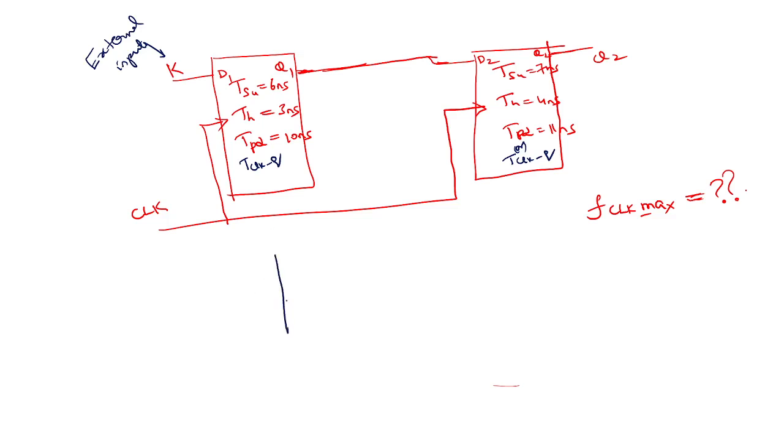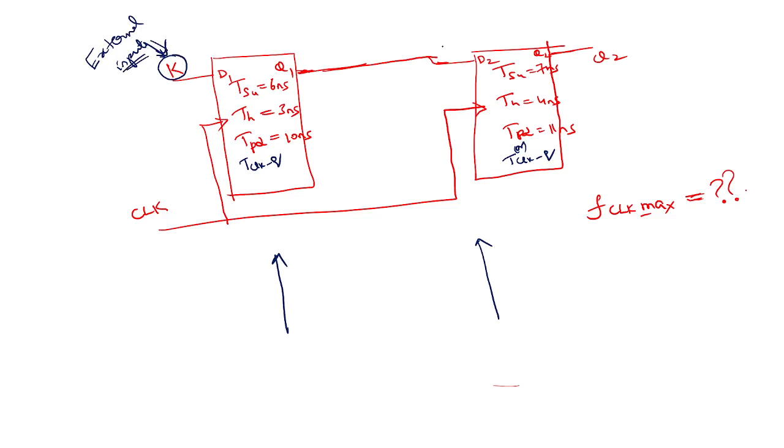What is it we need to find out? We need to find the time period, right? So you apply the clock, how much time should you wait? Once you apply the clock, this is the external input, okay? Think that we have some control over that.